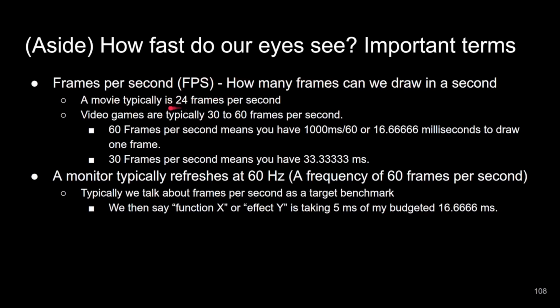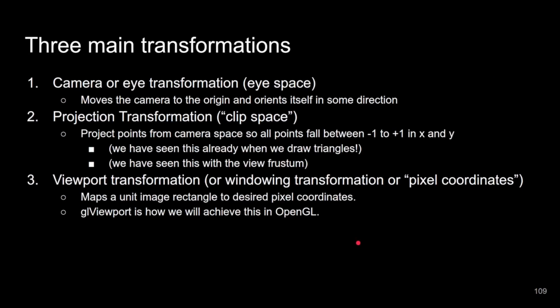Sometimes you might go to a new film today and it'll be higher, but video games run 30 to 60 frames per second, usually closer to 60 these days. If you're on a VR system, you're probably at 90 or 120 frames per second, so you don't get motion sick. Most of your monitors are probably 60 to 80 hertz, which is how they measure the frequency of updates. So that's just something to keep in mind.